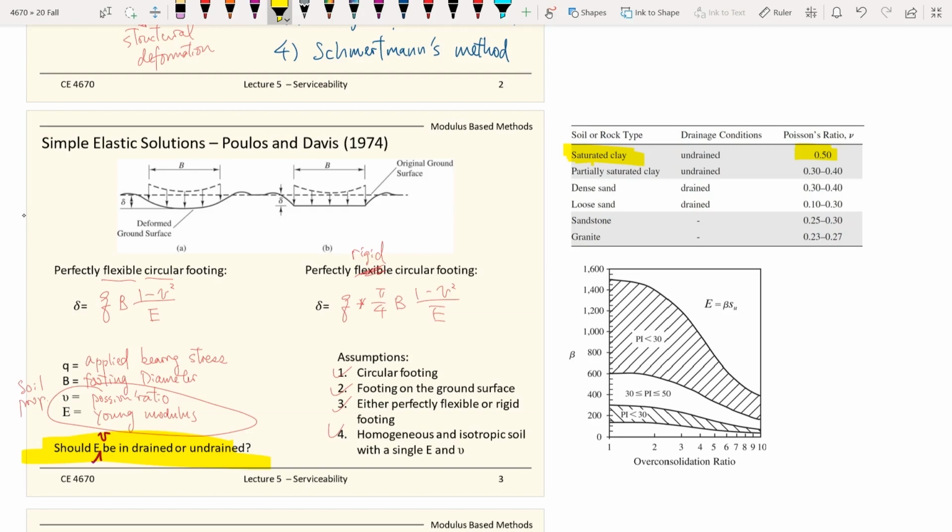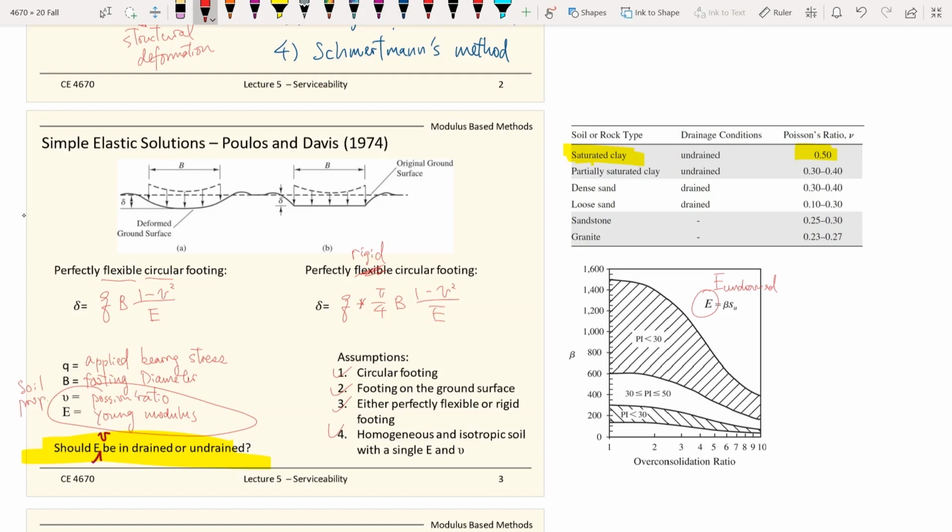And for the Young modulus, you can use this chart to try to estimate that. And the modulus here, since this is for clay, is the undrained modulus. It will be equal to beta times the Su, and the beta value is on the y-axis.